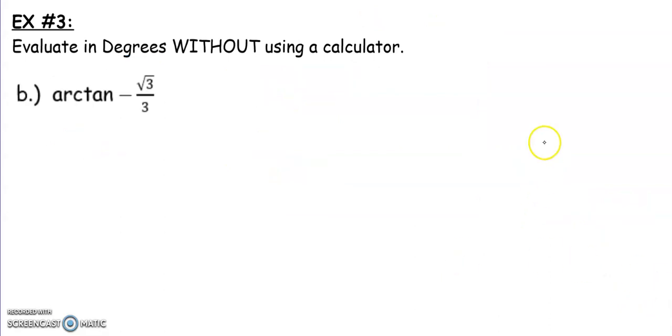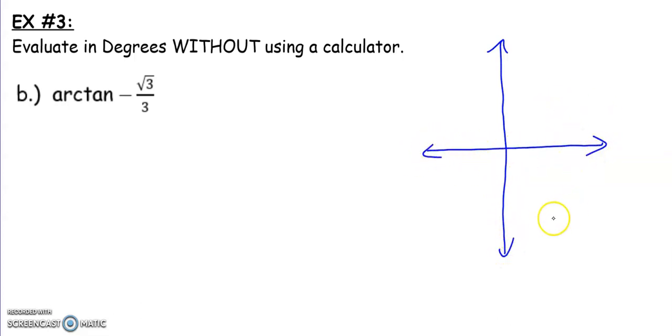Speaking of which, again, I want it in degrees, and I want that without a calculator. That means we need to use that unit circle. And we are talking quadrant 1 and quadrant 4 because of how we limited our graph. Again, tangent is going to be y over 1 times 1 over x. I want it negative.